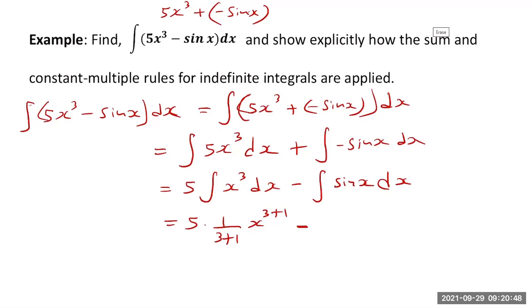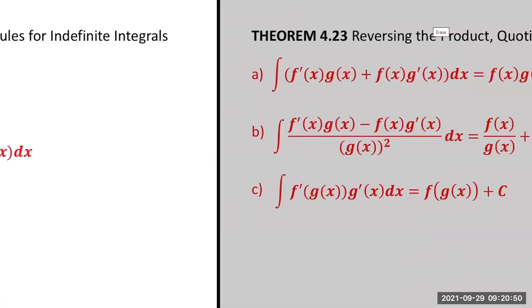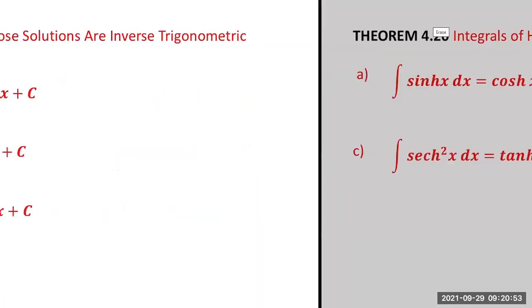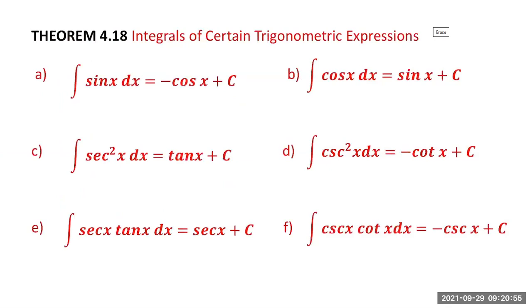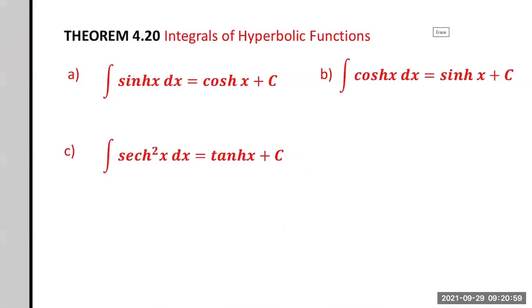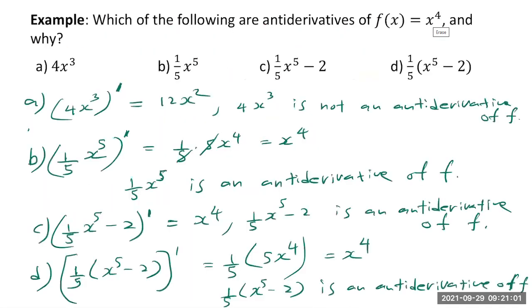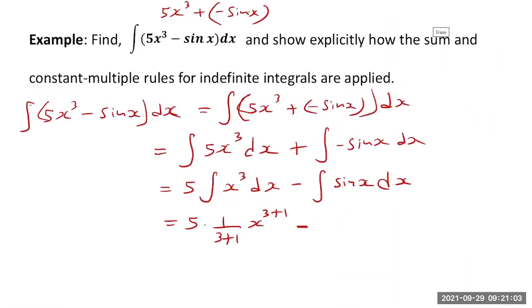Well, let's go and see the formula. I need the indefinite integral of sine x. The indefinite integral of sine x is minus cosine x plus c. So this should be minus cosine x. Let me put minus cosine x.